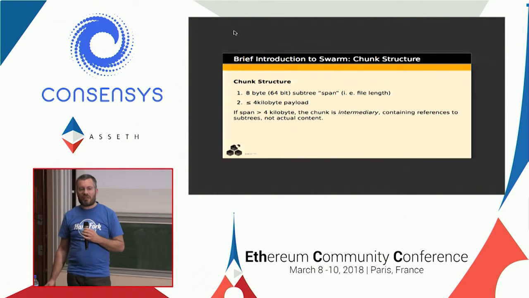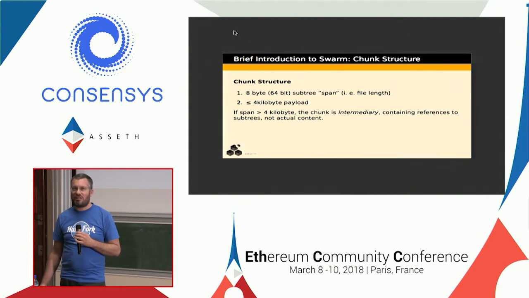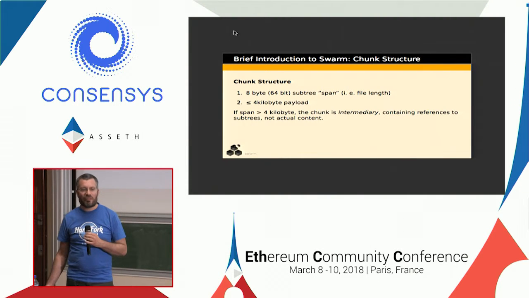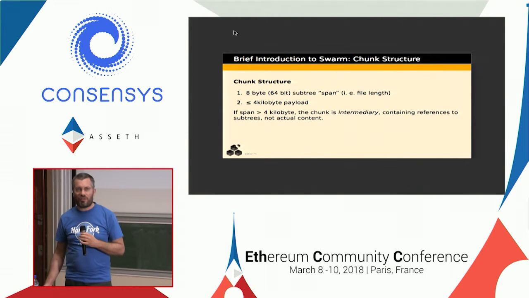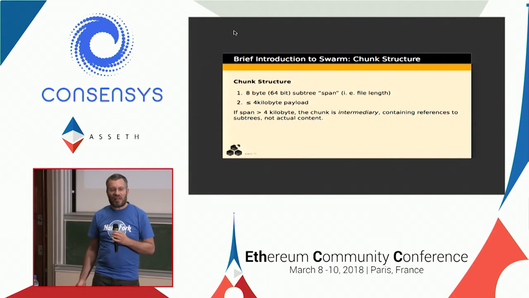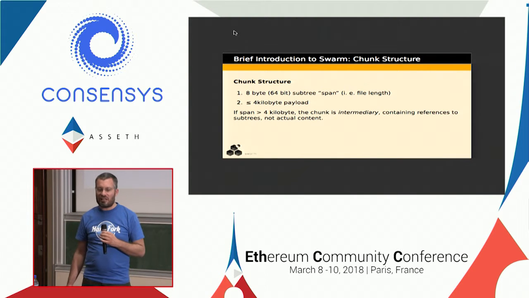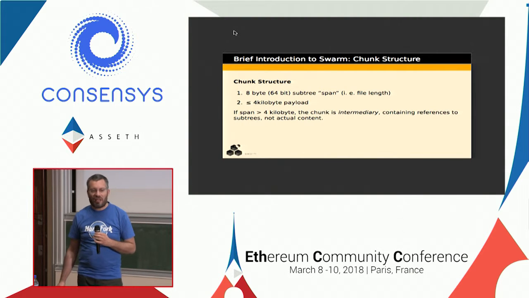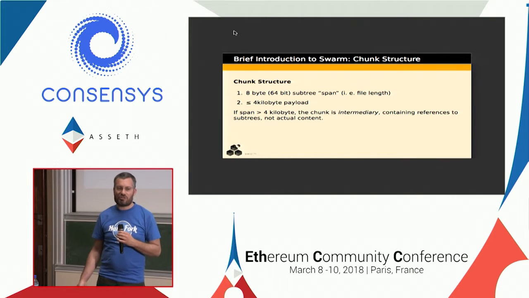If the span is less than or equal to 4 kilobytes, then the payload is the data. So the payload is the binary blob. If the span is more than 4 kilobytes, then this chunk is an intermediary chunk, which means that it's a non-leaf node in a tree, and it has references to subtrees, not the actual content.